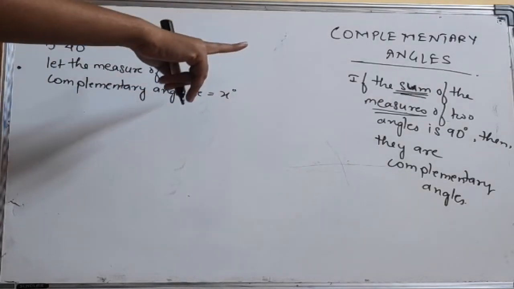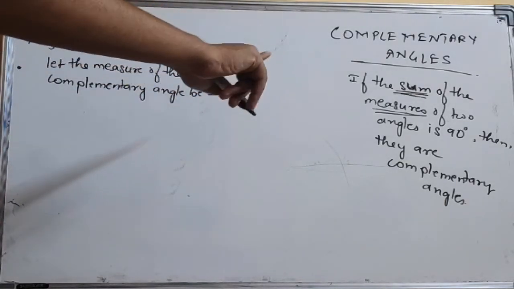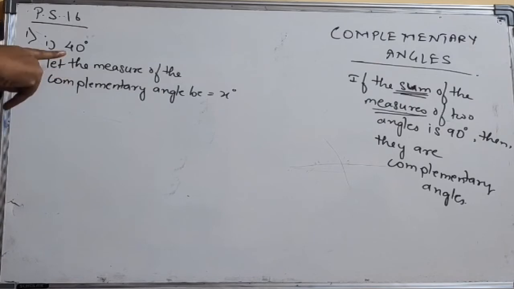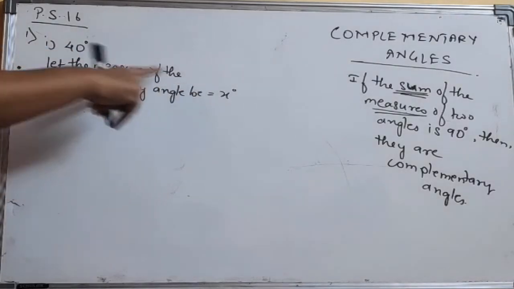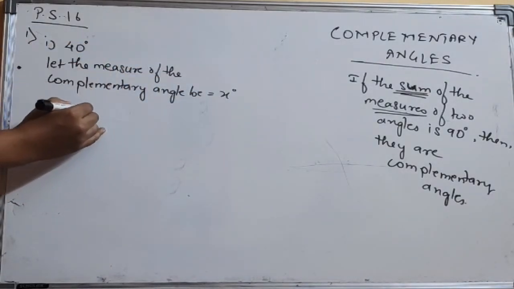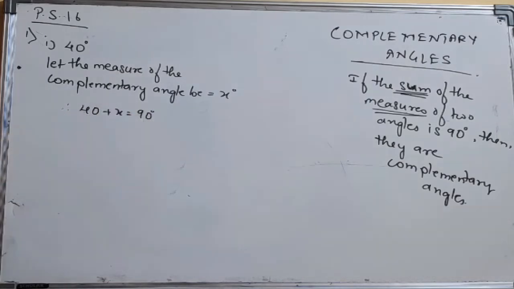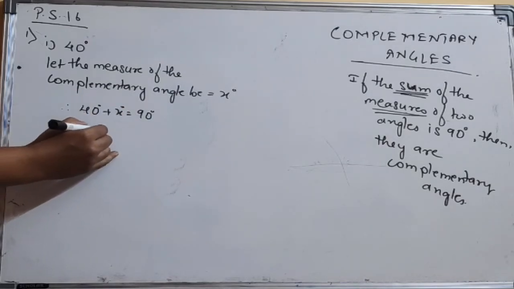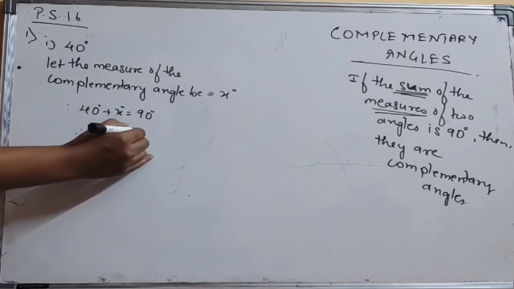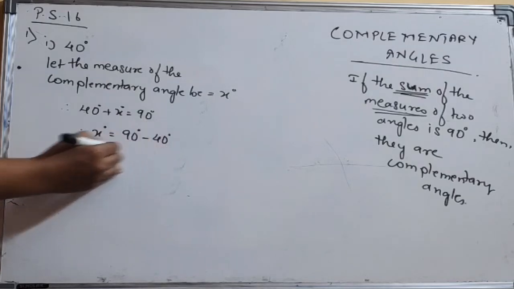Now, complementary angle means what? If the sum of the measures of two angles is 90. Now, since this angle and this angle are complementary, therefore you can write 40 plus x is equal to 90 degrees. Therefore, x is equal to 90 minus 40.